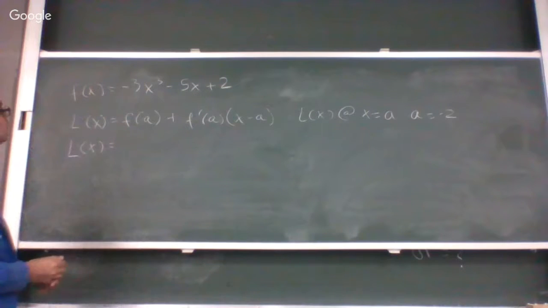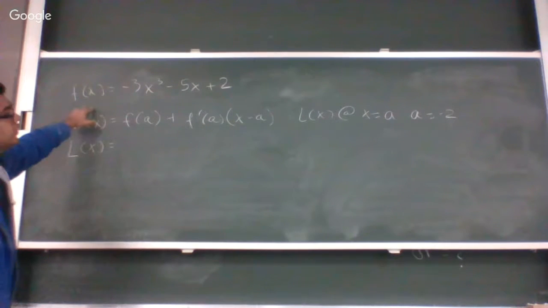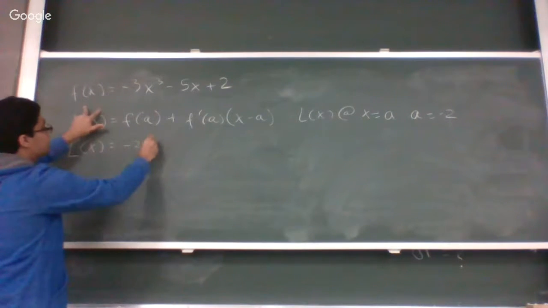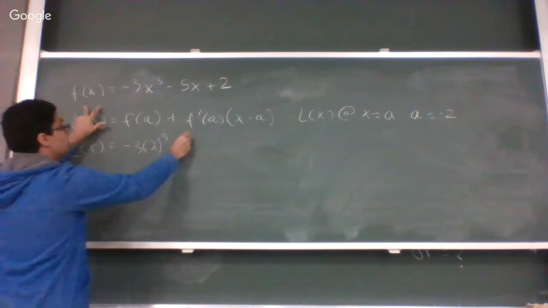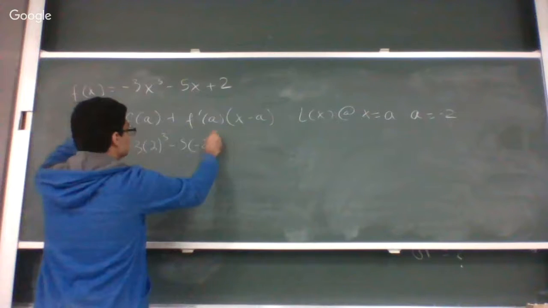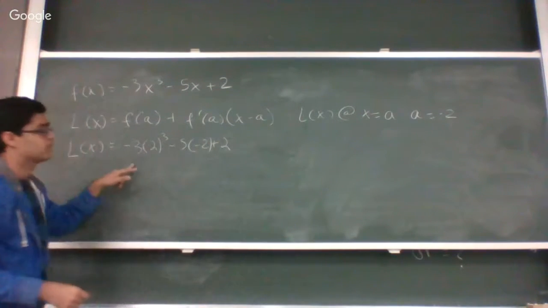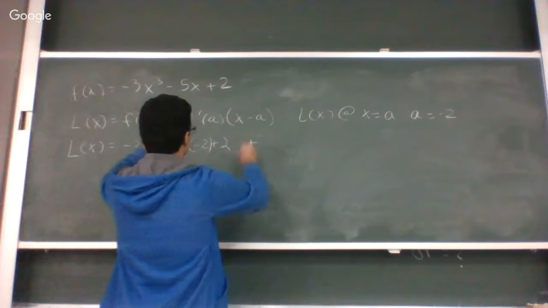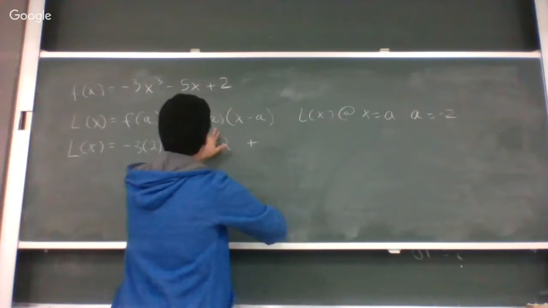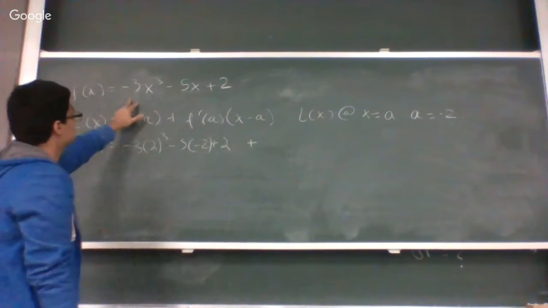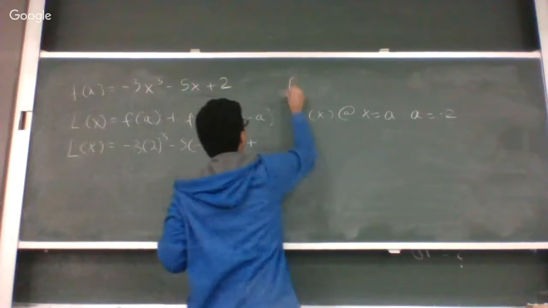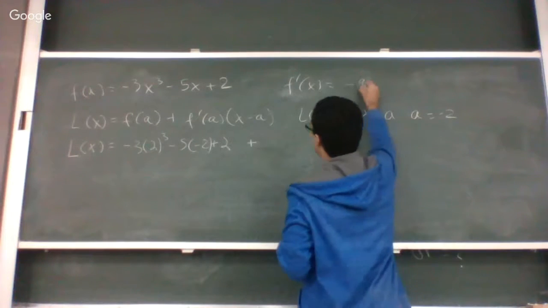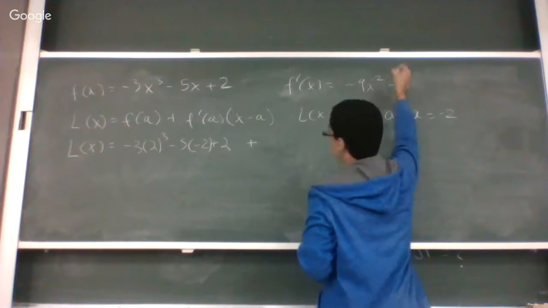What is the function with negative 2 in it? That'd be negative 3 times negative 2 cubed minus 5 times negative 2 plus 6. Right? What is the derivative of this function? Negative 9x squared minus 5.